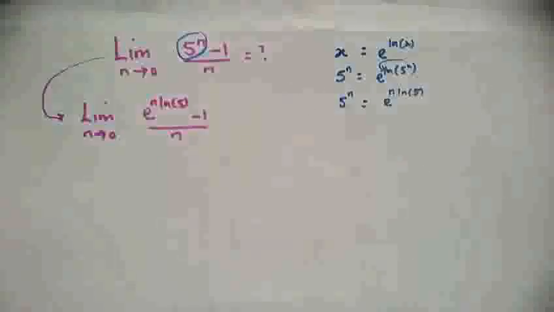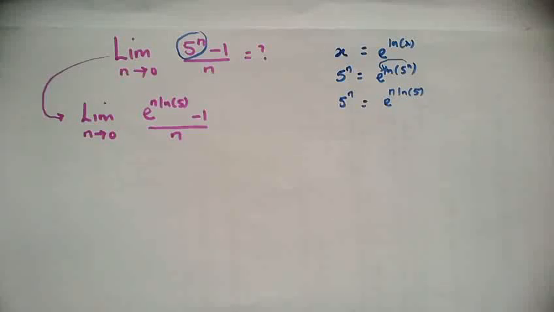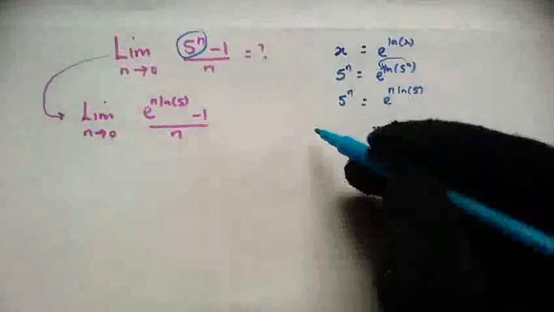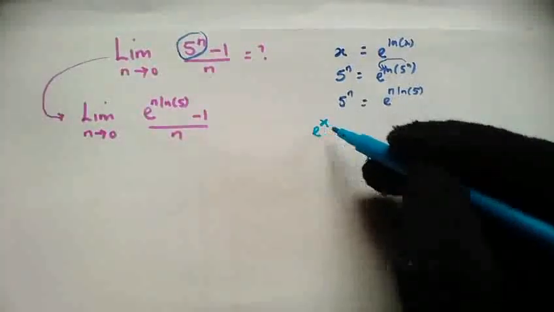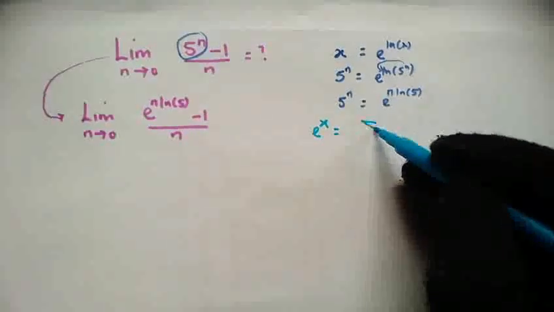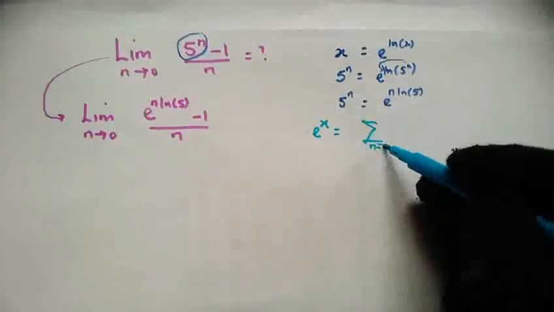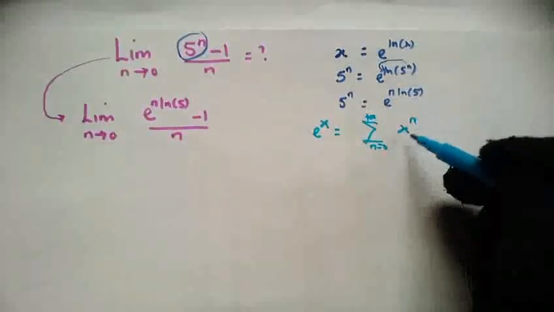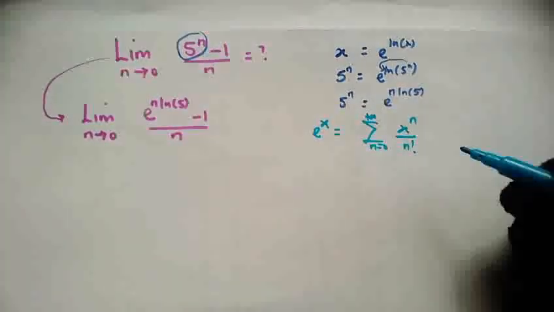Now we are going to recall the series expansion of the exponential. We have e^x equal to the sum as n goes from 0 to infinity of x^n over n factorial.